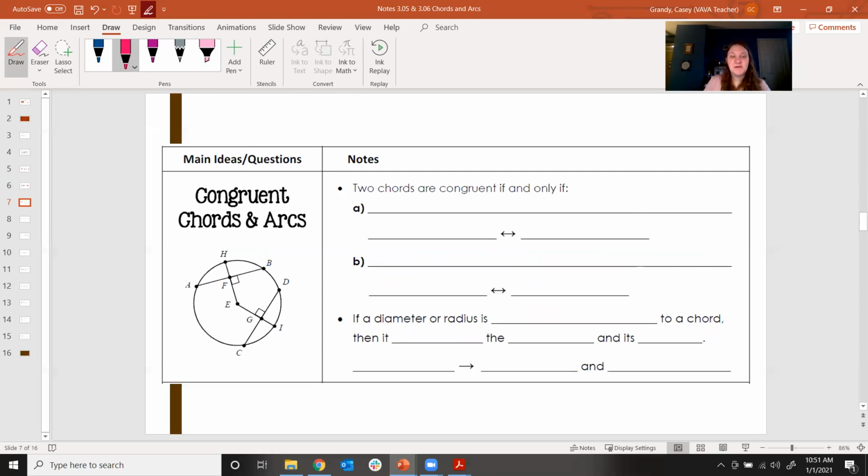We're also going to talk about some chords and the arcs that they make. So we're going to have two chords in a circle that are congruent as long as their corresponding arcs are congruent.